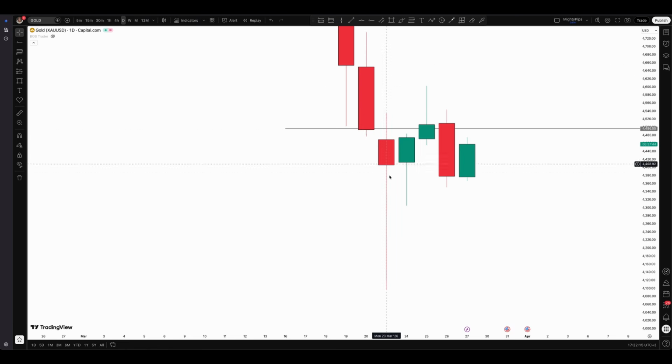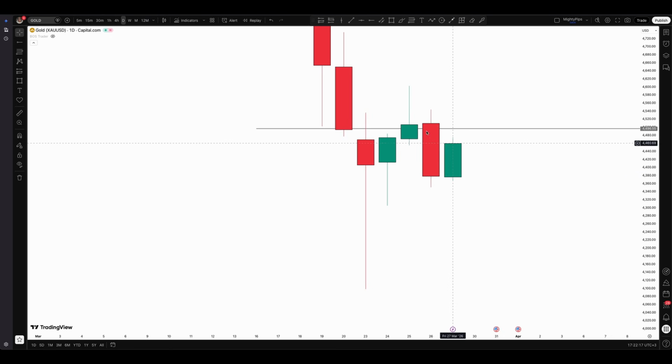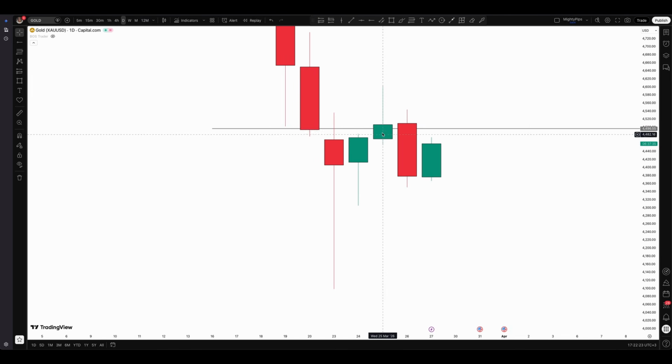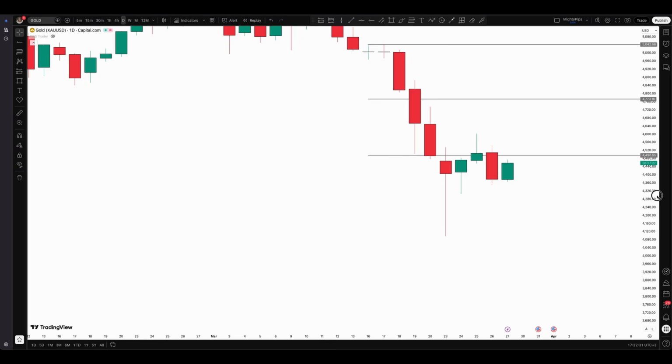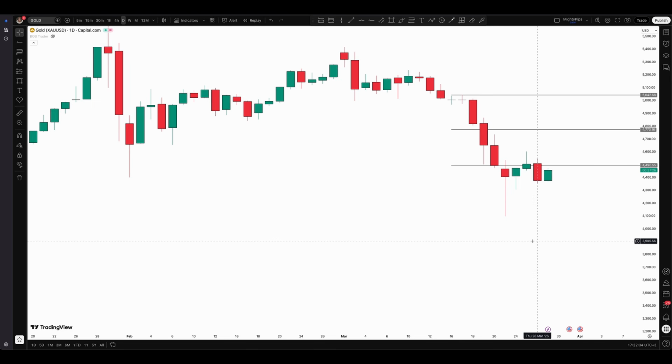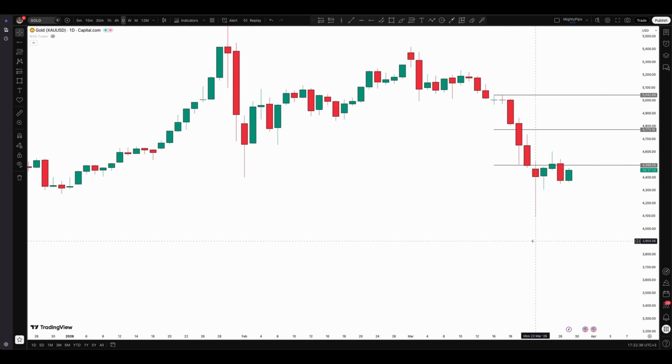Then you can see this candle here, after it breaks this green candle's 50% range, now creates a bearish bias to continue lower. So you can use the weekly and the daily chart in unison to determine the bias of the next candles.